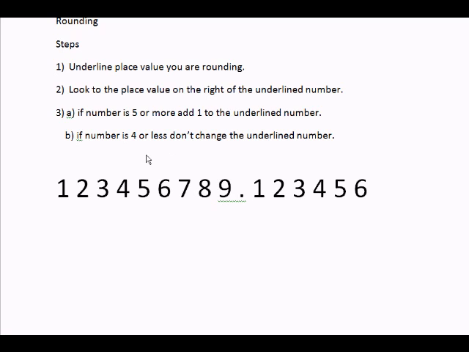So before we actually round numbers, let's go through the place values because many students often get these wrong. The 9, the first number to the left of the decimal, is the ones column. Then we have the tens column. Hundreds, that's 700 right here.